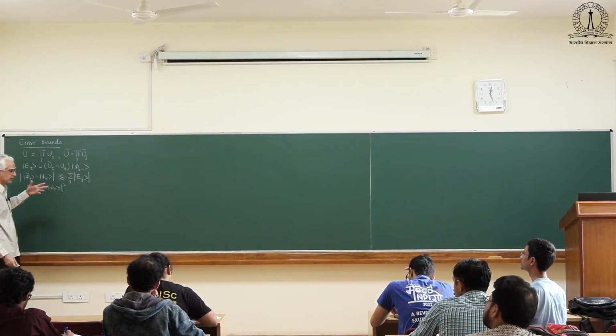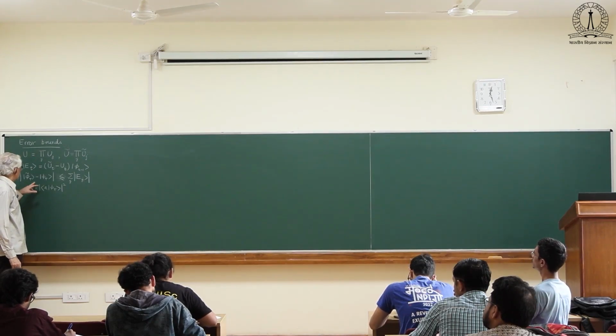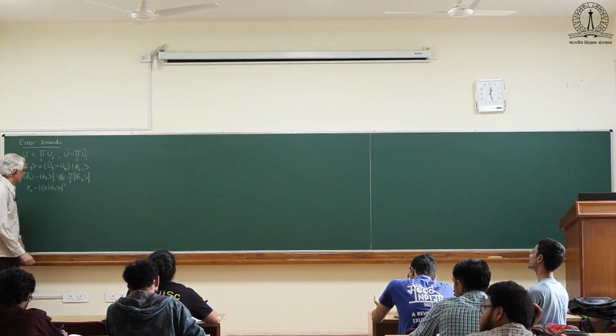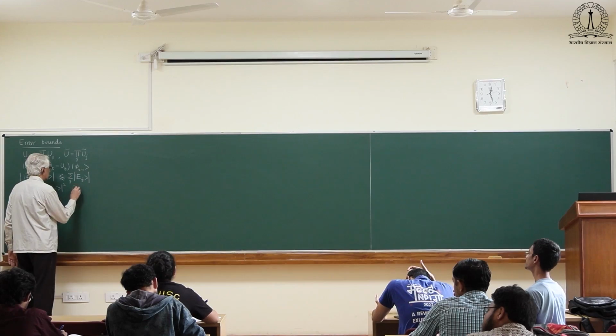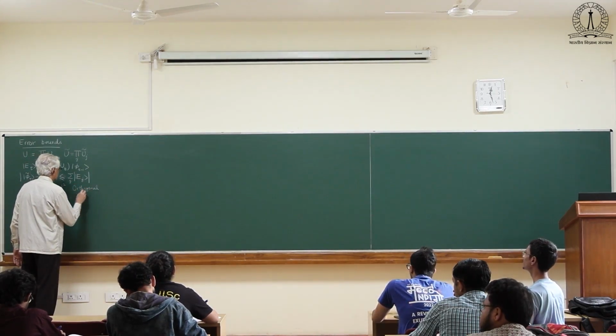They are determined by what you choose to measure, and if you get an observation of A, the probability is given by this, and this is just a definition of orthogonal measurement.